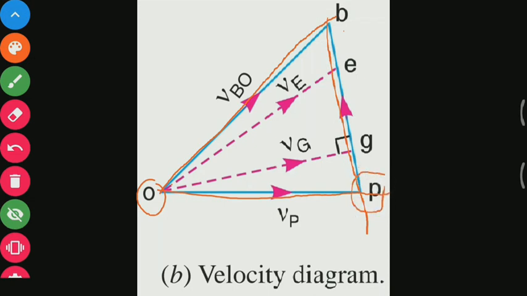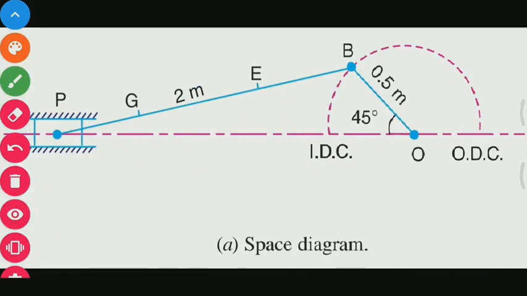We can locate the point E as per the position of point capital E on the link PB by dividing ratio. Now on the space diagram you can see the point E is shown and point G also shown.